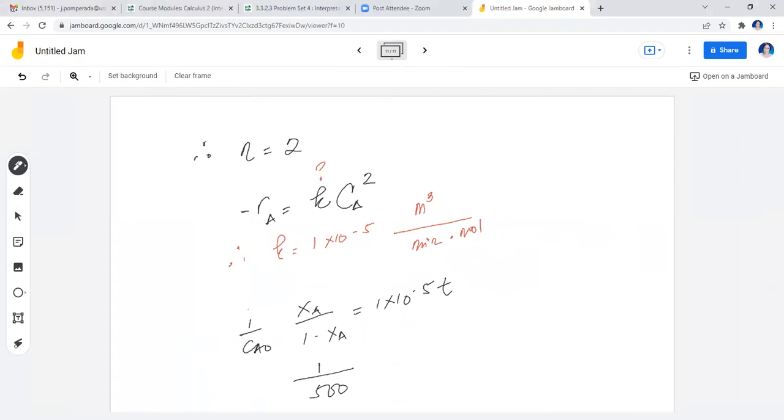So we'll have here XA over 1 minus XA equal to 1 times 10 raised to negative 5. Your time, which is 5 hours, needs to be converted to minutes because our unit here for time is in minutes. So you need to multiply this by 60. Okay, that way your units now will be agreeing.